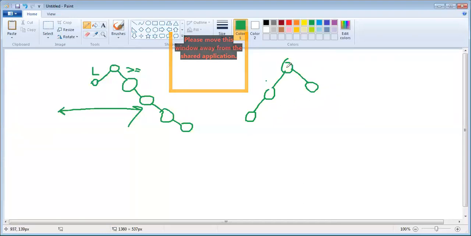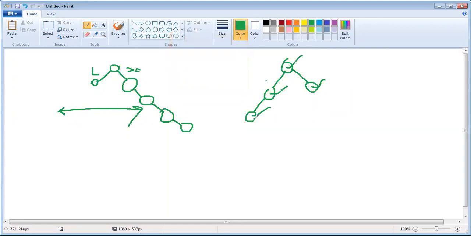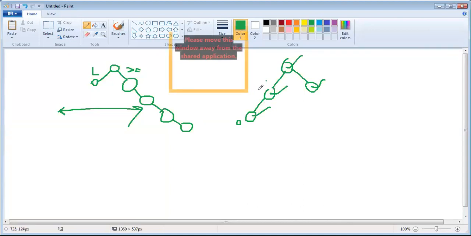If I consider any node, I have to check the balancing factor considering right and left. Here no left, no right, so 0. Here 1 left, no right, so 1 minus 0, 1. Here the height is 2 on the left, and on the right the height is 1, so 2 minus 1, my balancing factor is 1.